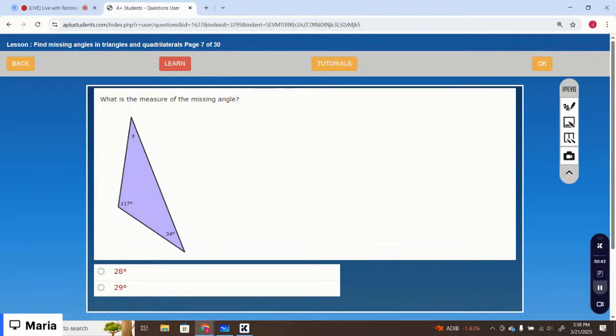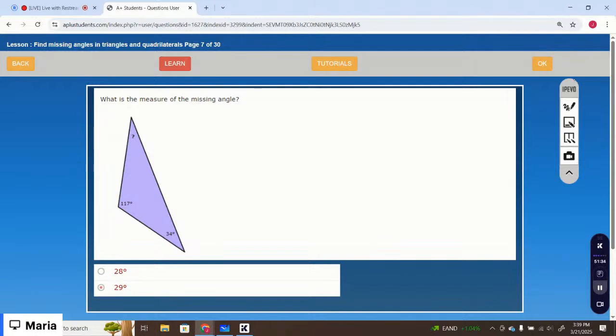What is the measure of the missing angle? That equals 29 degrees.